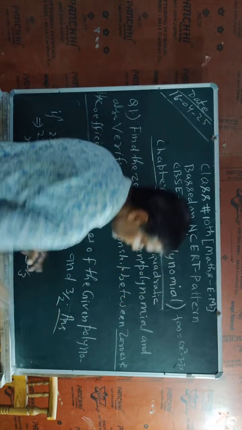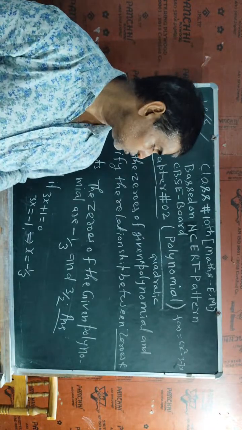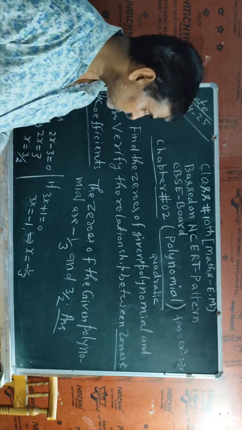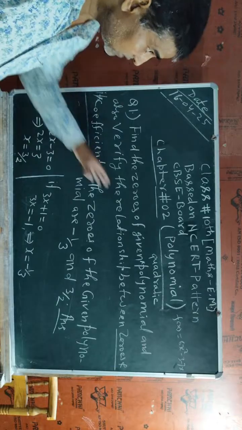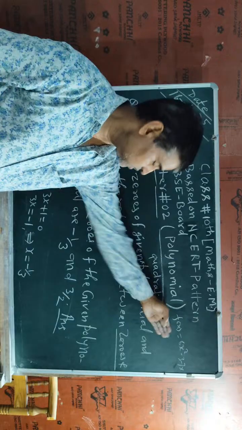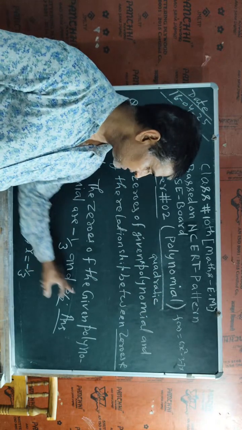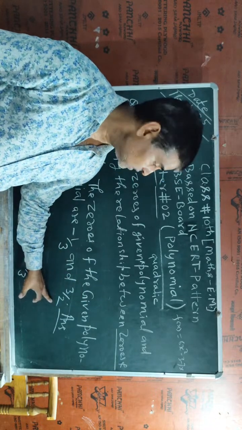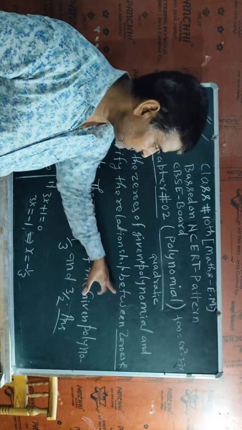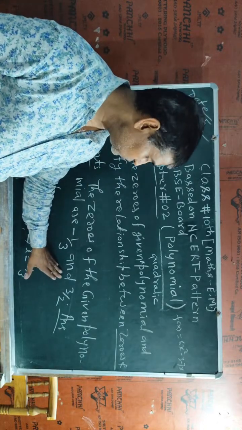Okay, students. In the previous class, I also solved some polynomials to get the zero values and also verify them. Now the given polynomial is this one, and after getting its zeros, I have got minus 1 upon 3 and 3 upon 2. So half the question I have solved. To get the zeros of the polynomial, I have used the formula and the concept.